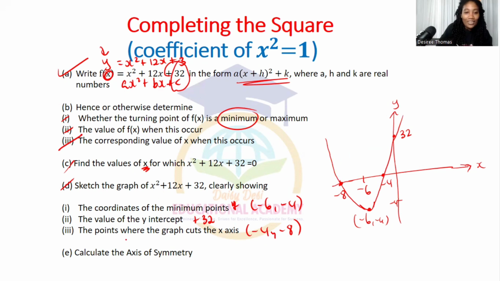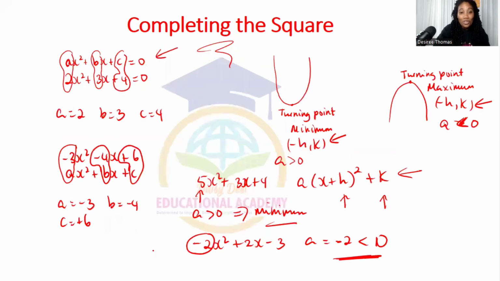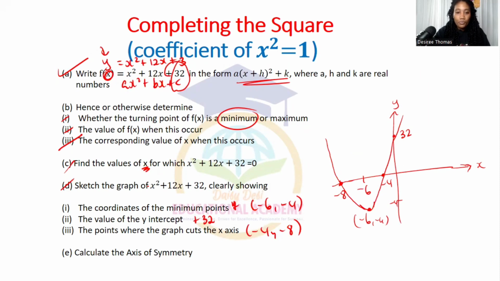And for the last one, to calculate the axis of symmetry, remember our formula. Did I give it to you? Minus b on 2a. No, it didn't give it to you. So to calculate the axis of symmetry, it's basically minus b on 2a. We know how to get b and we know how to get a, but let's go through it again. The question told us we have x squared plus 12x plus 32.